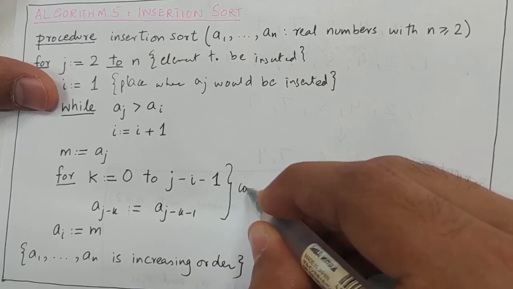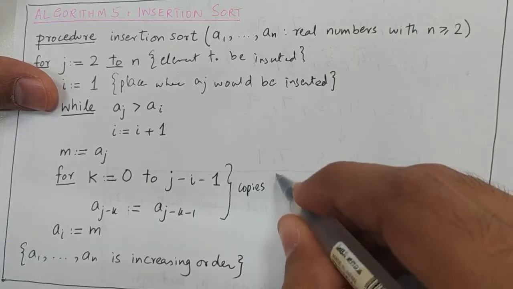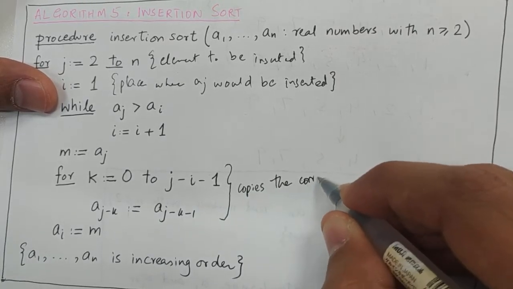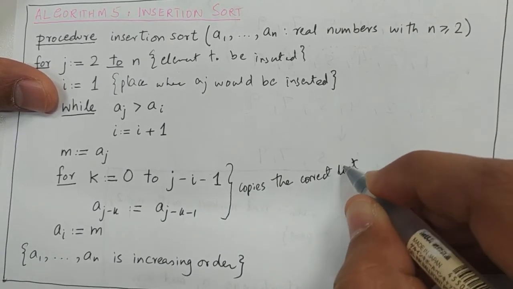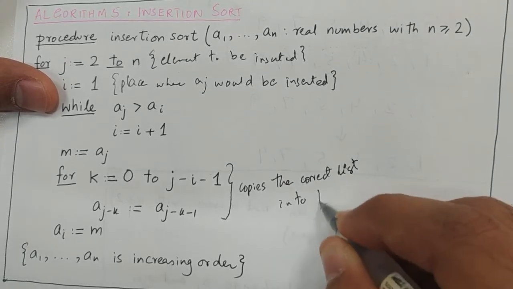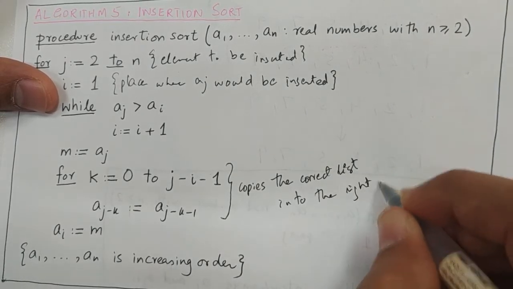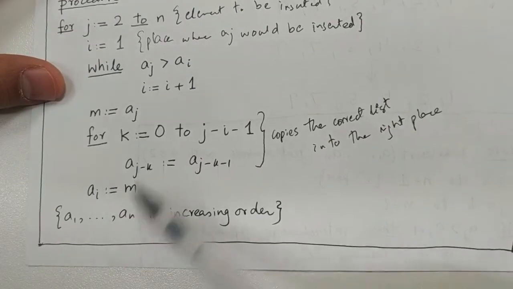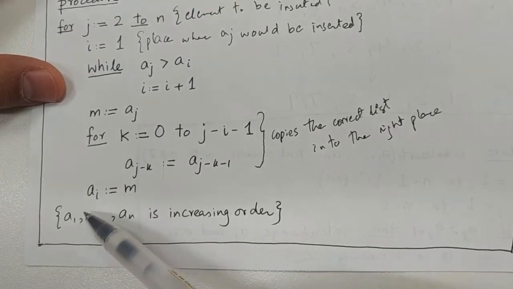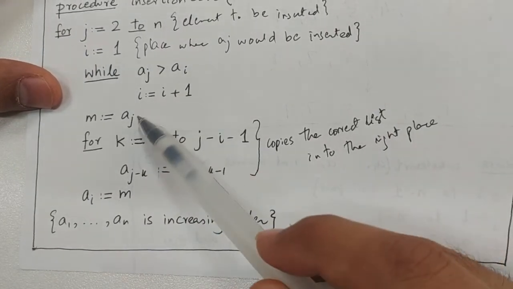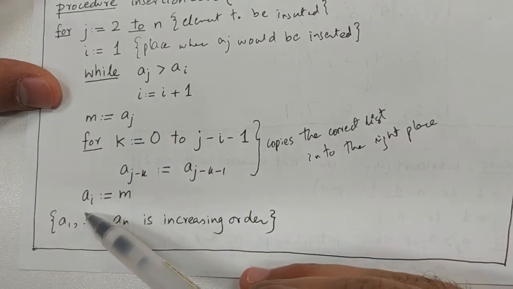So it copies the correct list into the right place, and then basically we insert m, which was my aj element, in the right place.